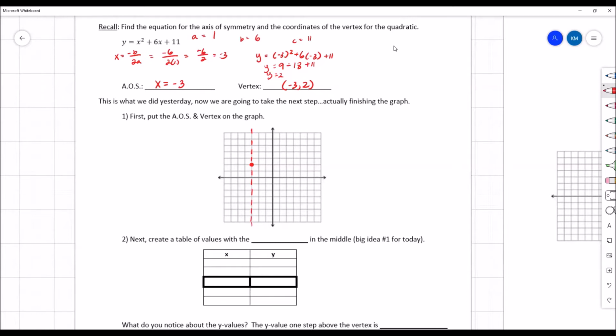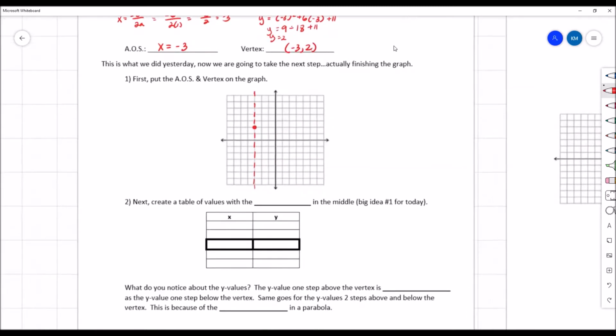Life makes sense still. Now what we're going to do is create a table of values with the vertex in the middle of the table. So that's negative 3, 2, middle of the table. And we're going to choose the x values around our center.